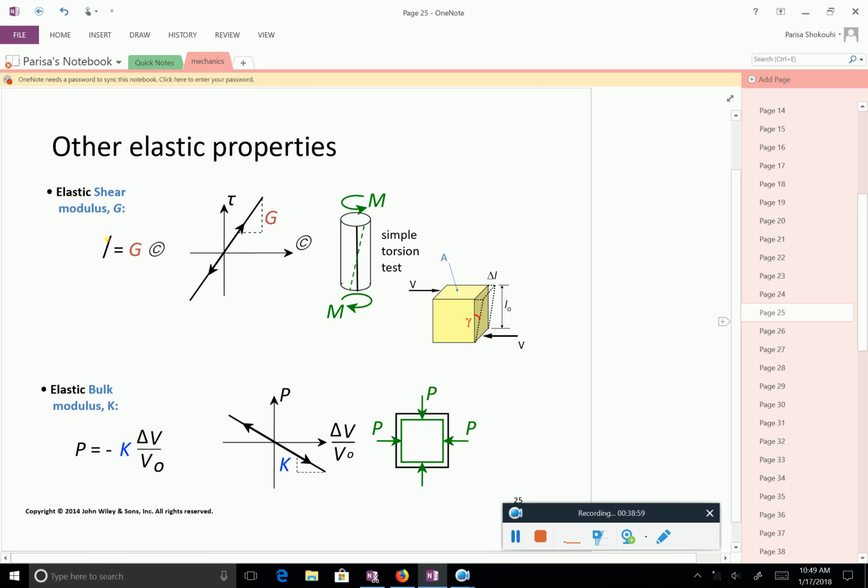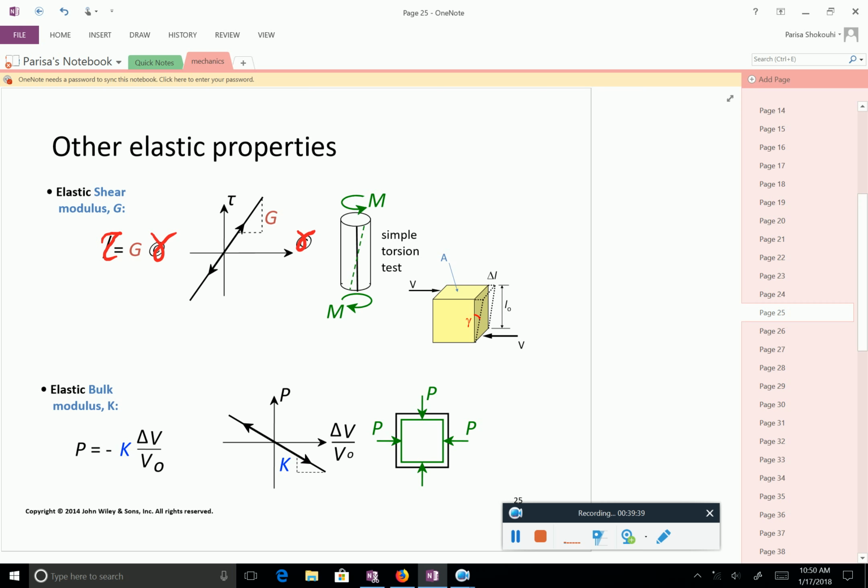If we plot the shear stress versus shear strain, whether you do a torsional test or you just have a simple shear or double shear, and if the material is linear elastic, so this is only for linear elastic material, then you also have a linear relationship between shear stress and shear strain.